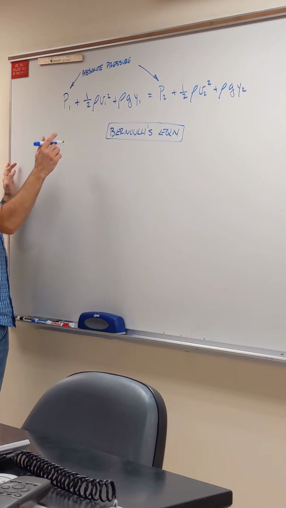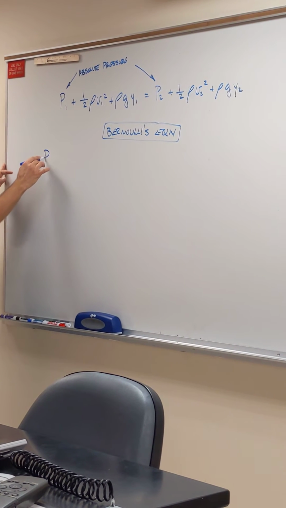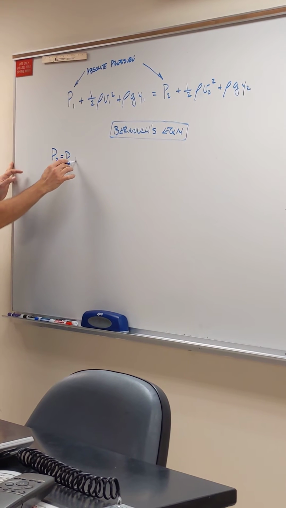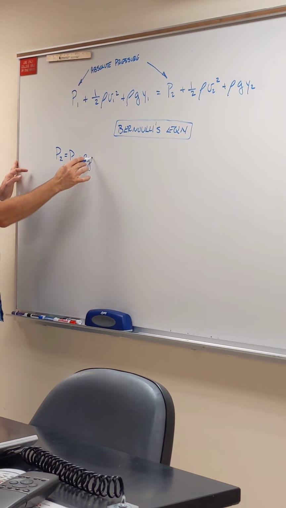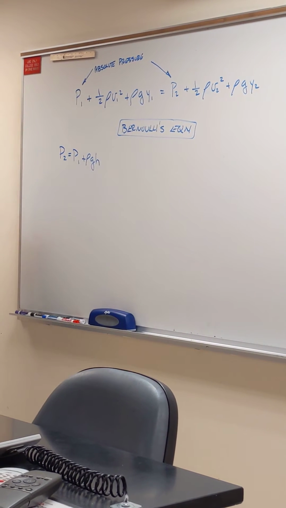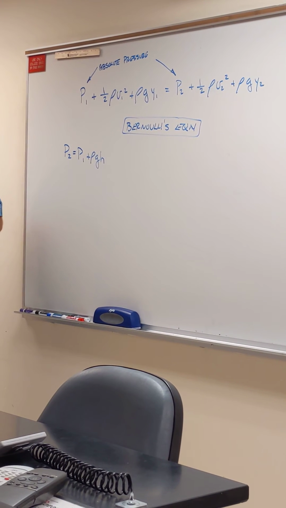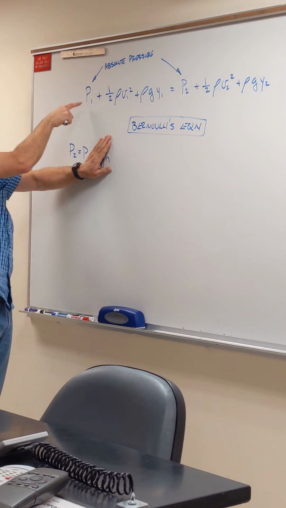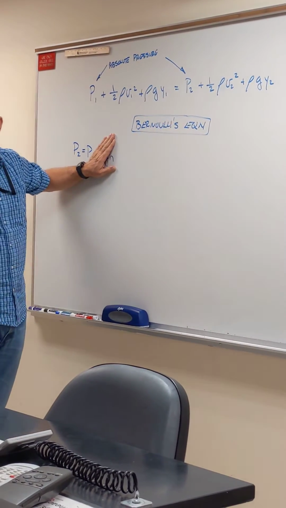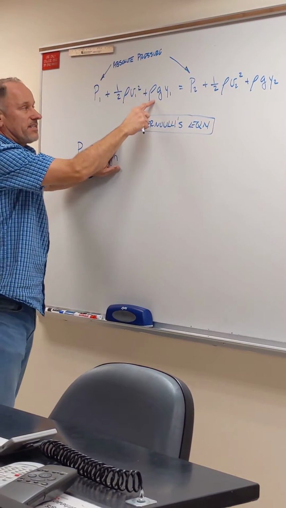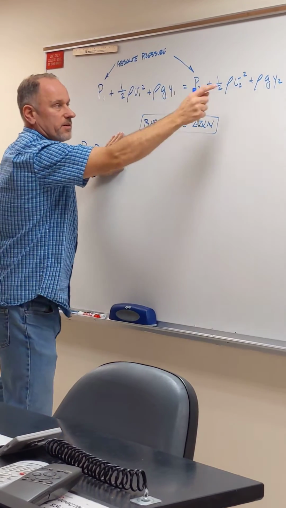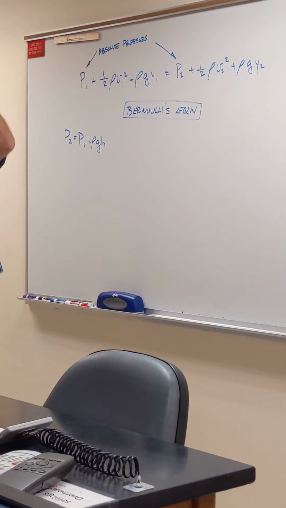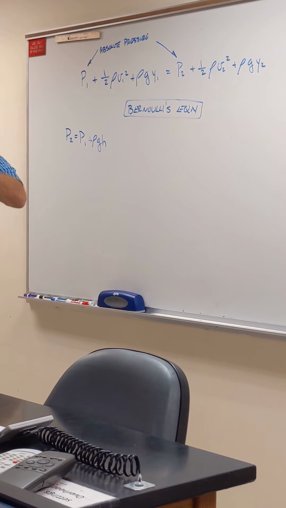The common mistake here is the following. Remember we talked about this idea that P2 is P1 plus rho g h. Remember that? These two pressures are these guys, and these two positions will determine the relative height of the liquids for you.